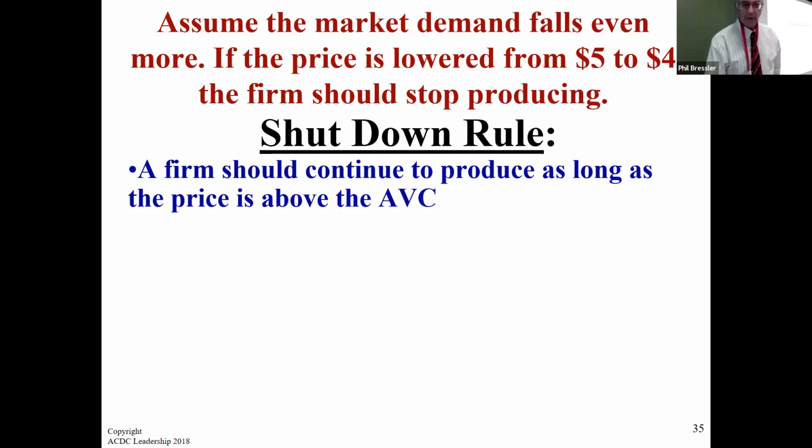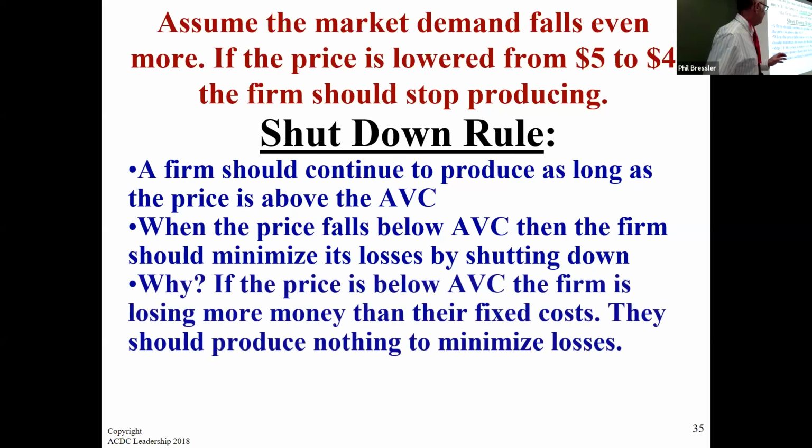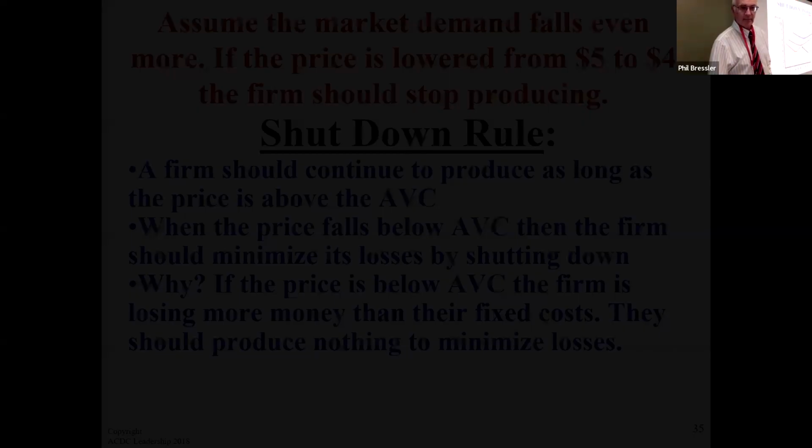When the price falls below AVC, the firm should minimize its loss by shutting down. If the price is below AVC, we're losing more than our fixed cost, and we might as well shut down and minimize our losses.